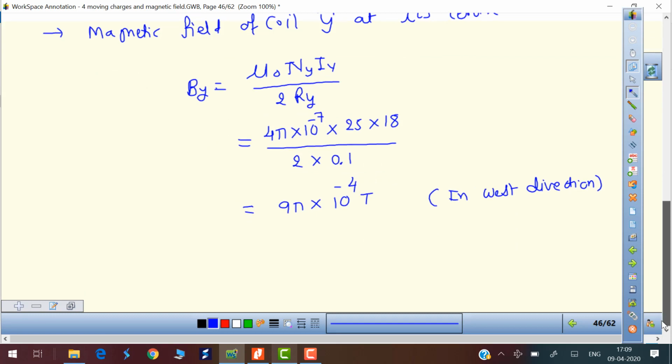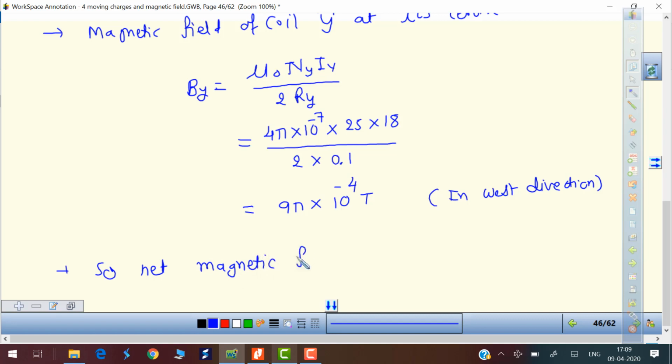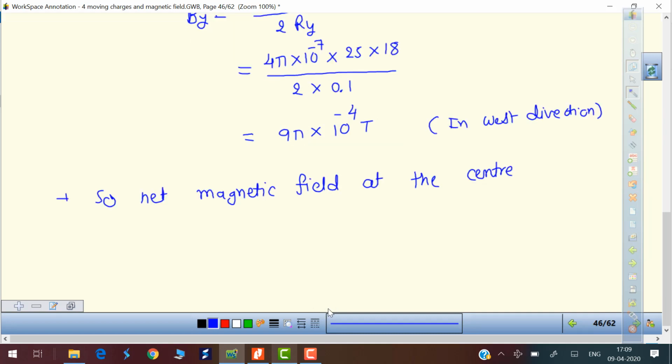Here you can see that B_Y is greater than B_X, so I take the subtraction, B_Y minus B_X. So the net magnetic field at the center, I write B, is equal to B_Y minus B_X.